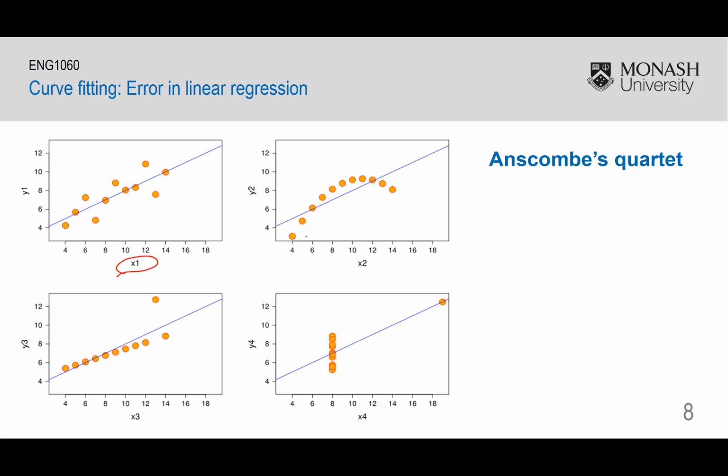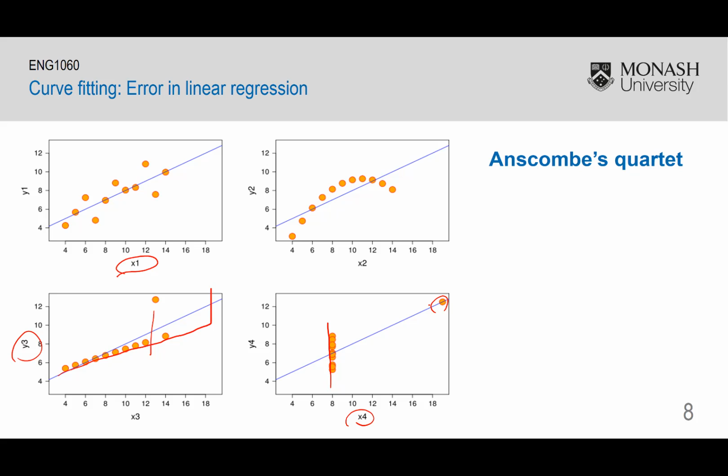In case 2, we seem to have what looks like a nice parabolic trajectory, but we fitted a straight line to it. In case 3, we have quite a nice looking straight line and an extra point here. And case 4, we have a whole bunch of data points all at the same x value with an outlier up there.